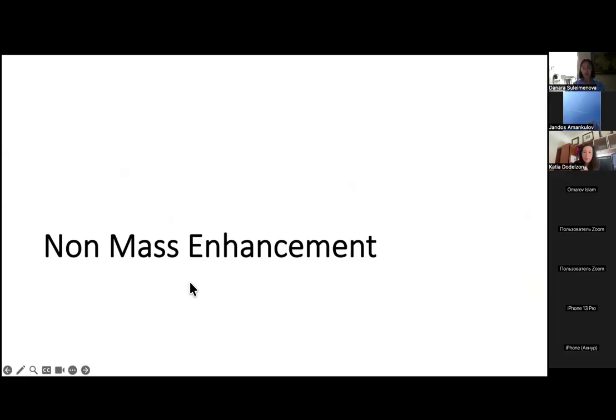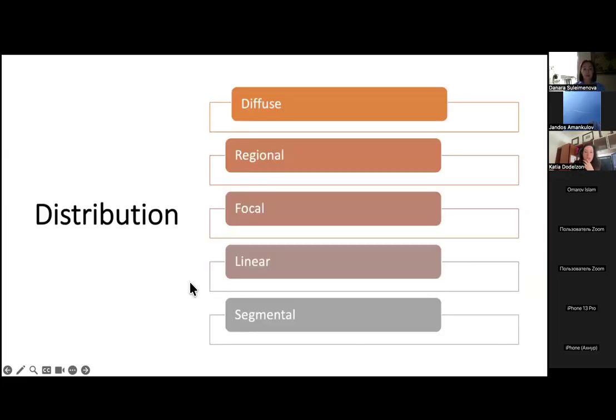The only other category is non-mass enhancement. For non-mass enhancement, we talk about its distribution. Non-mass enhancement is something that you kind of want to call a mass, but you just can't quite see it in all three dimensions, right? It doesn't quite have those convex margins, akin to something like an asymmetry on mammography.